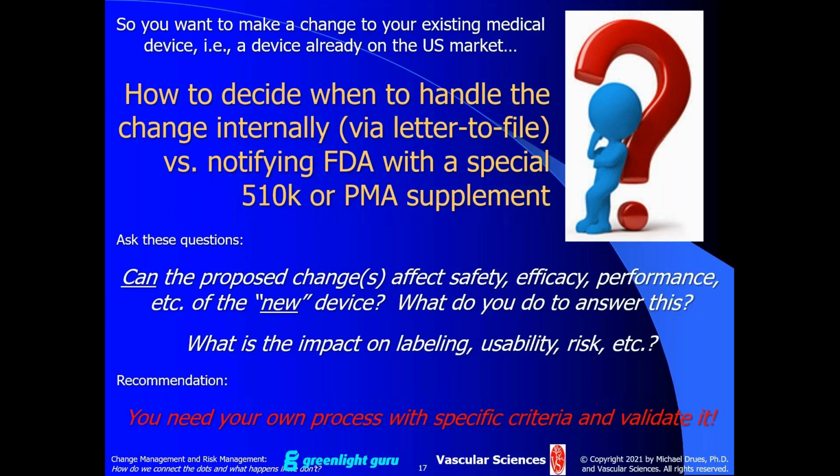Now, as I'm sure John and most other people in our audience will tell us, one of the quote-unquote required components of a quality management system is to have a change management section in there. But yet again, as I said earlier at the beginning of the webinar, just because the QMS, in this particular case, the change management system, meets the regulatory requirements, does not mean that it works.